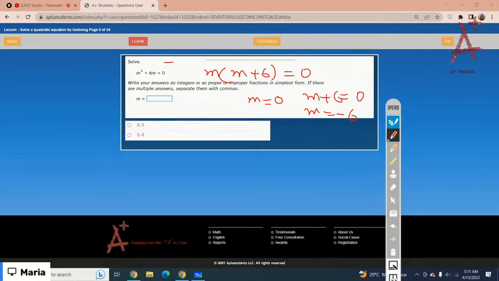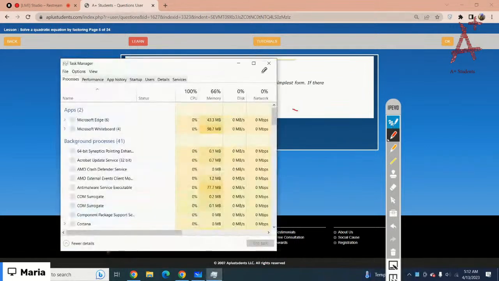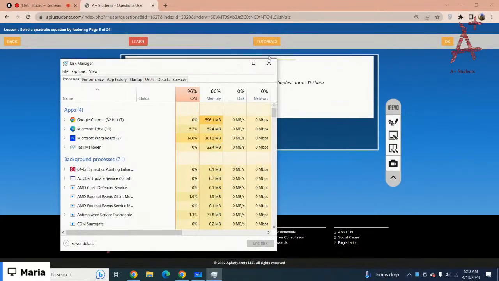So the correct option is 0 and negative 6.